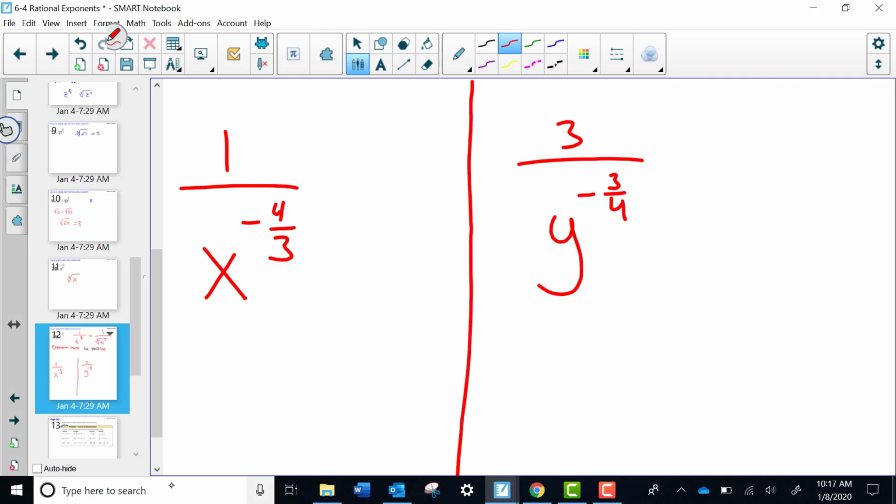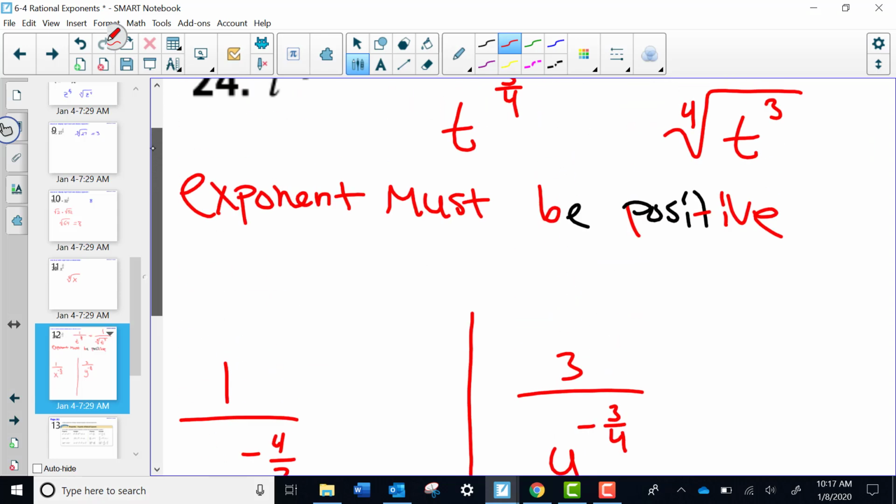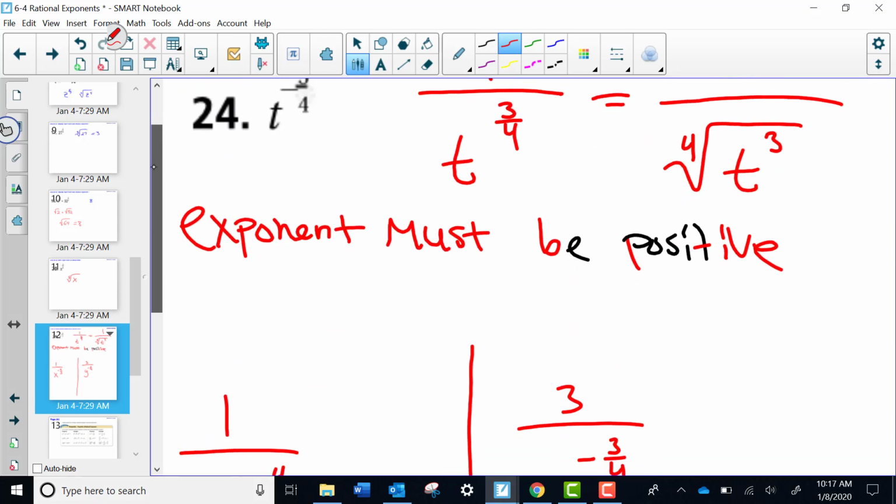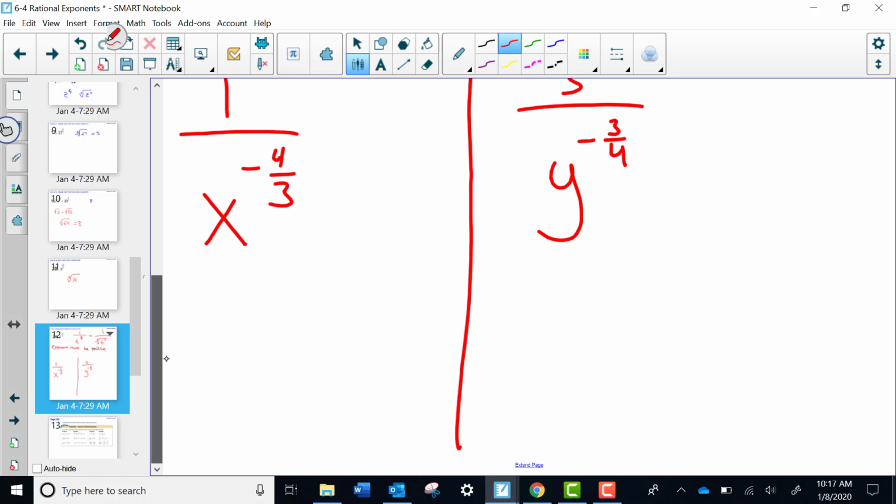That exponent is negative, right? How do we make it positive? Did we read the first one? Yes, there's a one. Now this term is in the denominator. Take the reciprocal. So we just have to bring it up top.